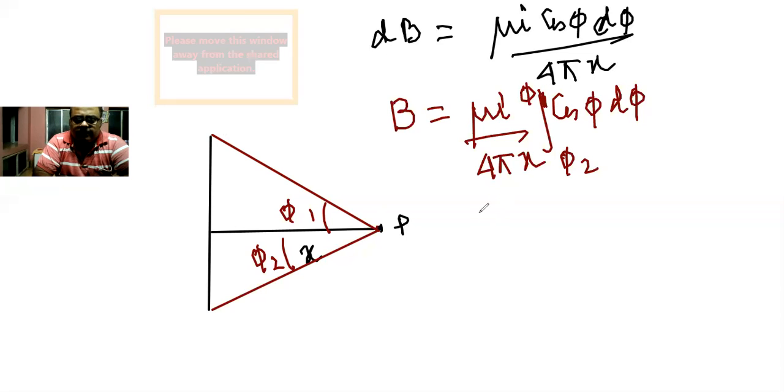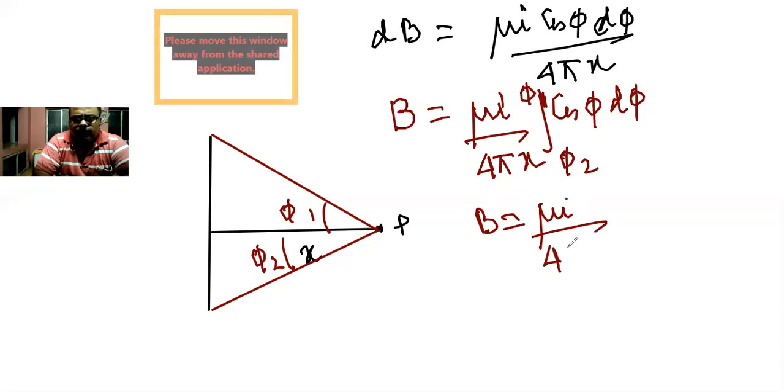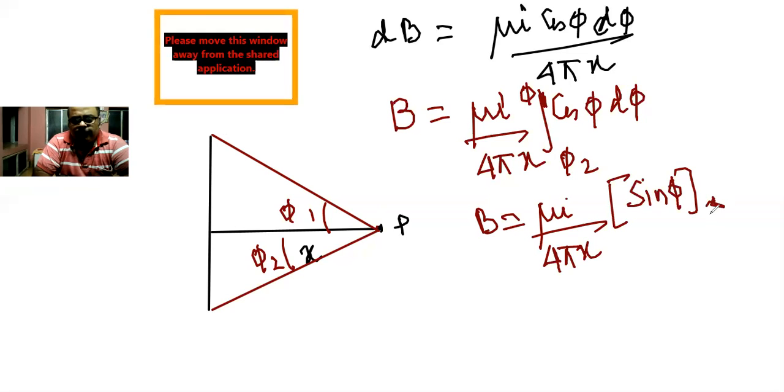If I do that, B is equal to mu I by 4 pi x, and integration of cos phi is how much, children? You know that very well. That is sine phi within limits phi 2 to phi 1. But one thing you have to understand, children: since we are taking this as our line of reference, phi 2 is actually below the line of reference, so I must put a minus over here.